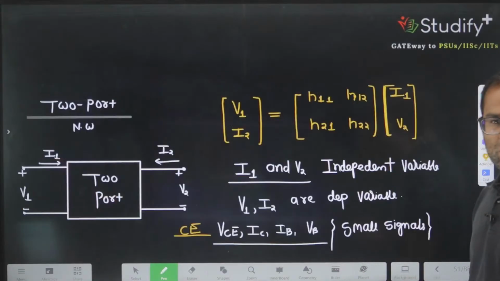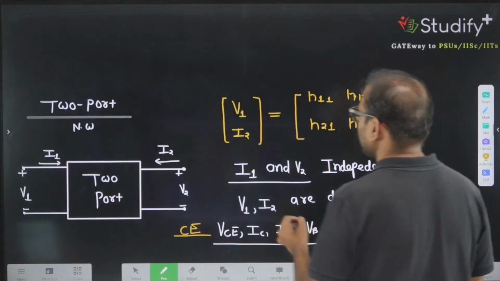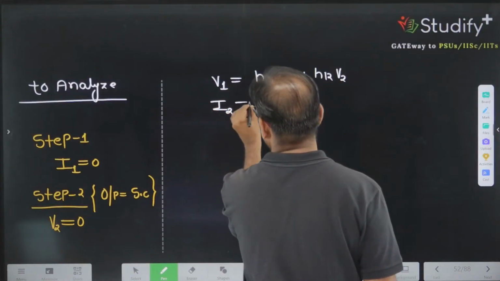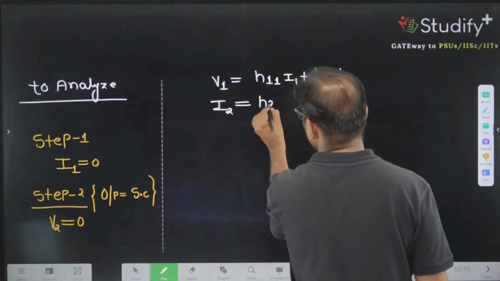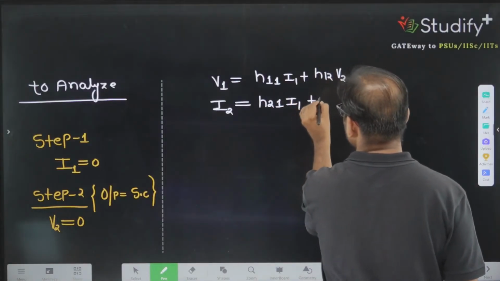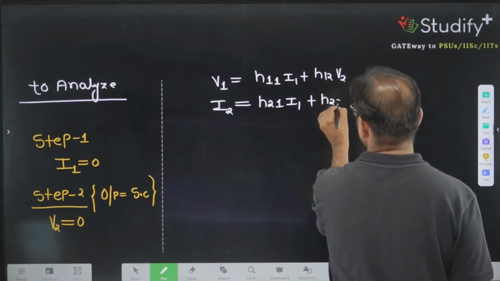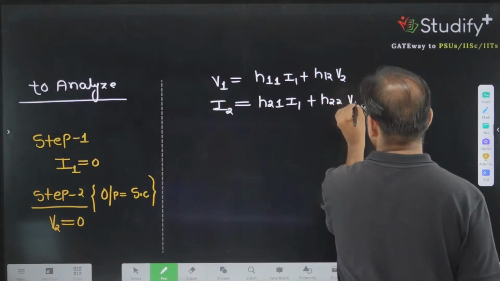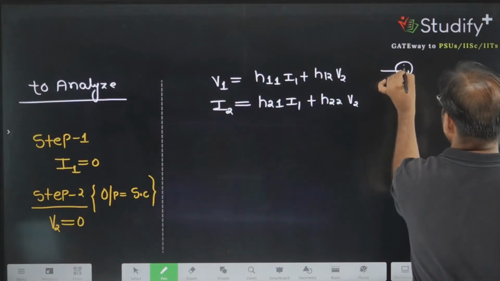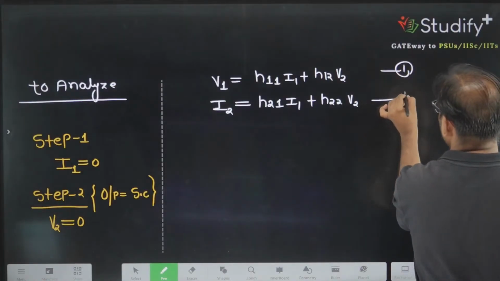And I2 is equivalent to H21 I1 plus H22 V2. This is our equation number 1, and the second is equation number 2.